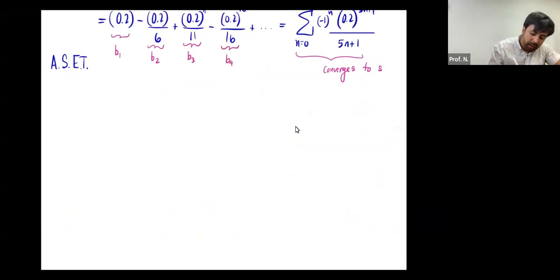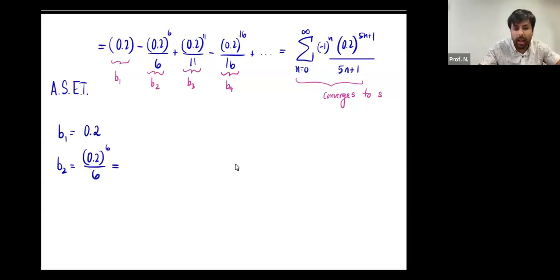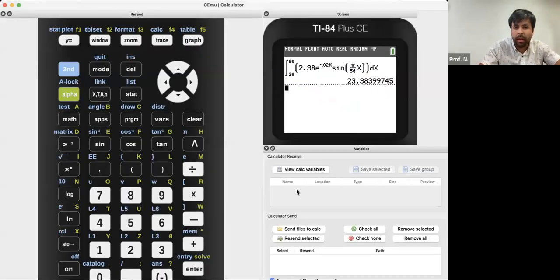So let's do b sub 1. Well, b sub 1 is very simple, it's 0.2. And then we go to b sub 2, 0.2 to the 6th power over 6. So we can compute that, and I'm going to use my calculator for that.